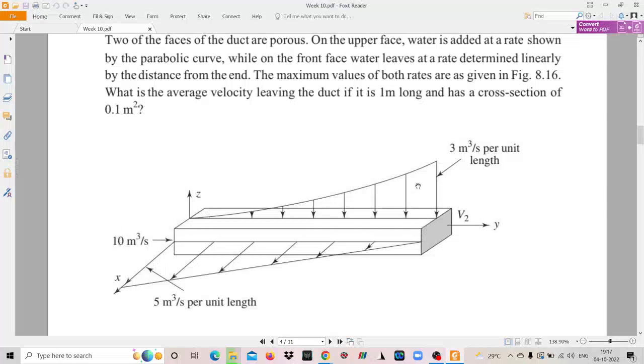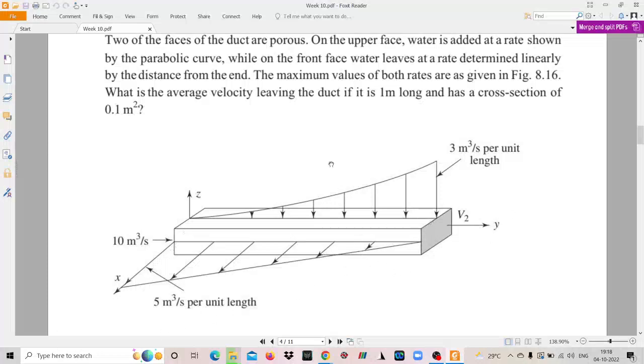Through this porous face, water is entering following a parabolic profile, where the maximum value at one end is 3 meter cube per second per unit length, and on this front face the water is leaving at a maximum rate of 5 meter cube per second at one end, and the variation is linear.